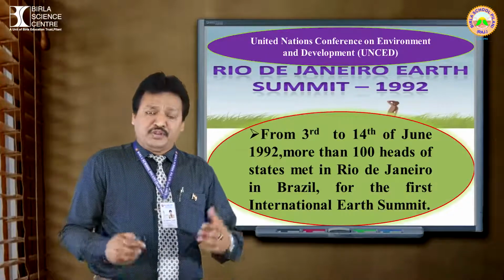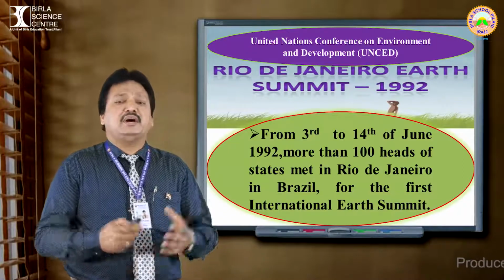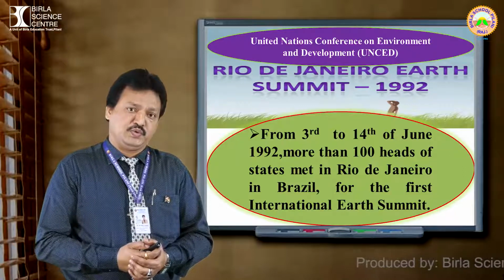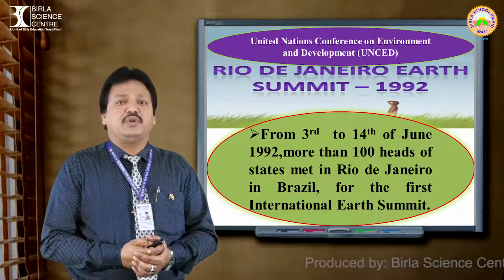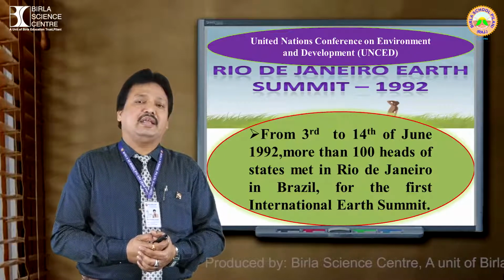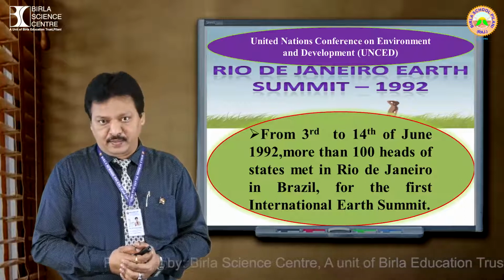Now, for this purpose, in Rio de Janeiro, an Earth Summit took place in the year 1992, which is also known as the United Nations Conference on Environment and Development, that is UNCED.